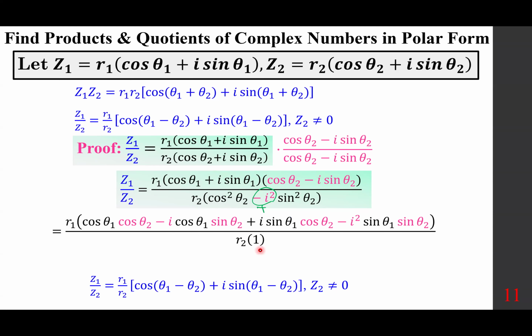So what happens again, we're going to combine accordingly, and knowing that this, everybody, is just a plus sign because it's minus I squared, and I squared is negative 1. So we are going to combine these two.